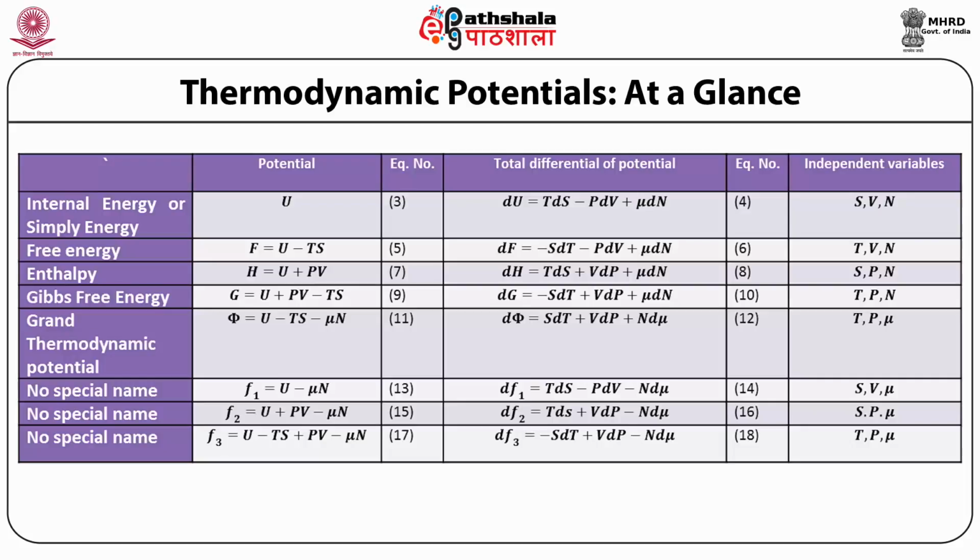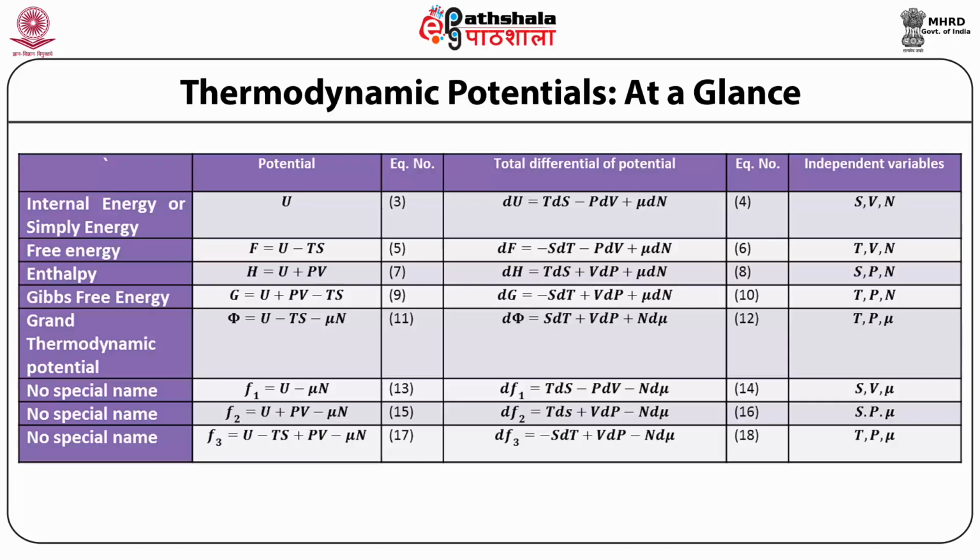If you have a look at this table, you will find internal energy as a potential has a dependence on 3 variables S, V and N. Free energy, which we sometimes also call Helmholtz free energy, represented by capital F, is dependent on 3 variables T, V and N. Enthalpy, represented as capital H here, is dependent on S, P and N. Gibbs free energy, represented with capital G, has dependence on temperature, pressure and number of particles.